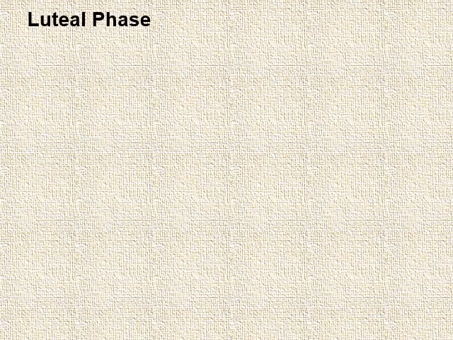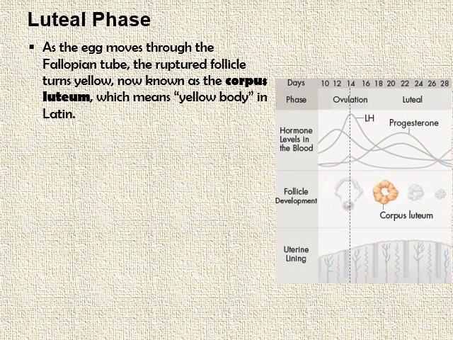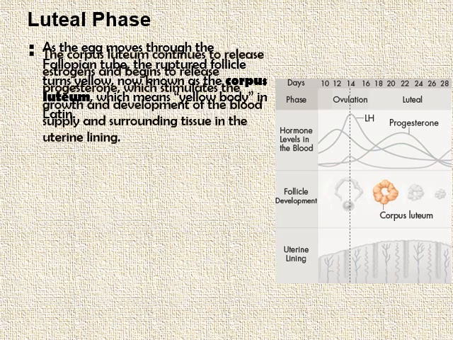Okay, now to the third phase of the menstrual cycle, which is the luteal phase. As the egg moves through the fallopian tube, the ruptured follicle turns yellow, now known as the corpus luteum, which means the yellow body in Latin. As you can see in this section of the menstrual cycle, the ruptured follicle now turns to the corpus luteum, and this corpus luteum will act as an endocrine gland secreting hormones.